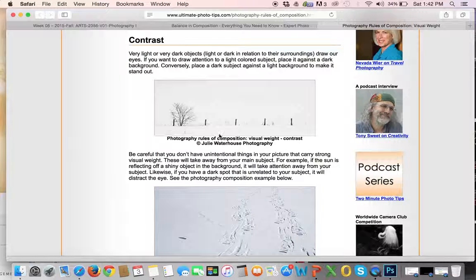This is a beautiful example of a really minimal composition. It's almost all pure white. And so what little there is other than snow in this image is dark. And they're very small, but there's so much contrast that these little tiny things have enough visual weight to balance out with this big open space.